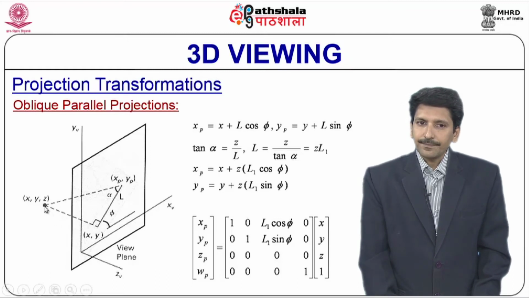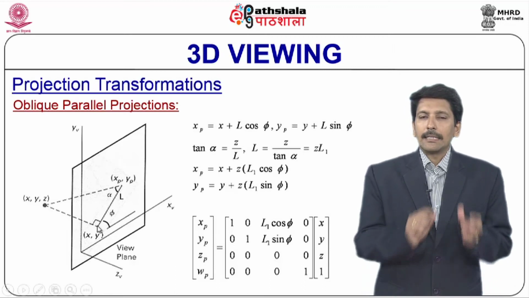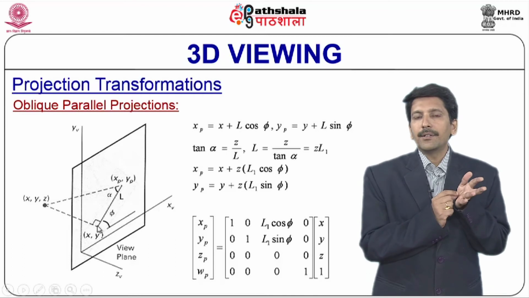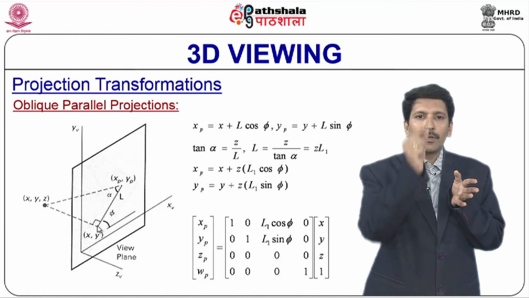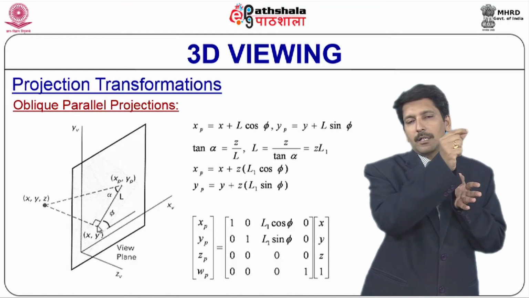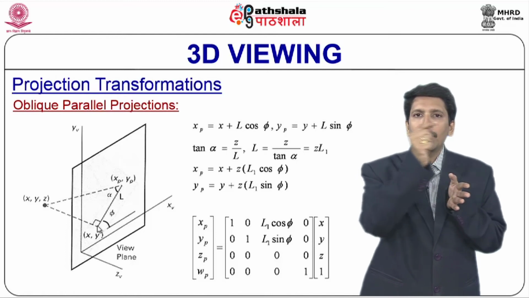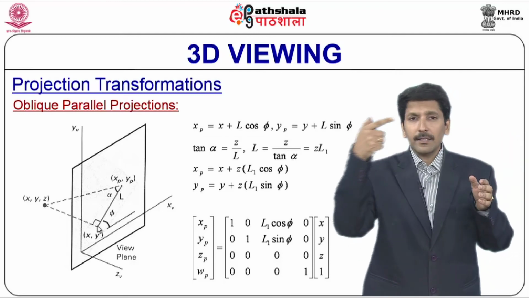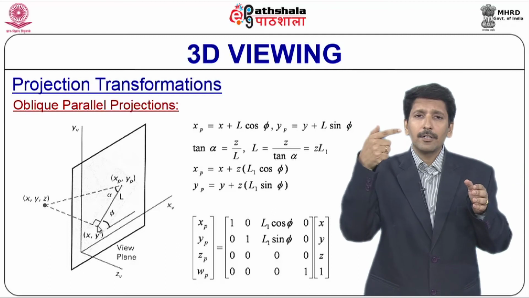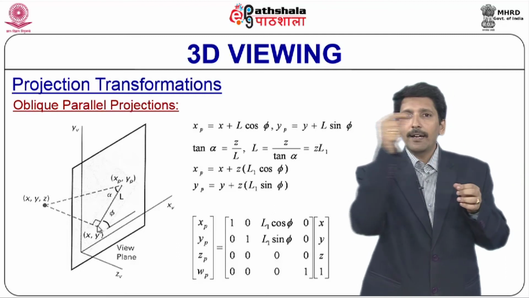Let me explain how I calculated it and said simply that it is z. As I said earlier, to locate a point in the 3D world, we travel x units along the x direction, y units along the y direction and z units along the z direction. When you perform an orthographic projection, you traverse in the reverse order, in the perpendicular direction, so you are nullifying this z value.